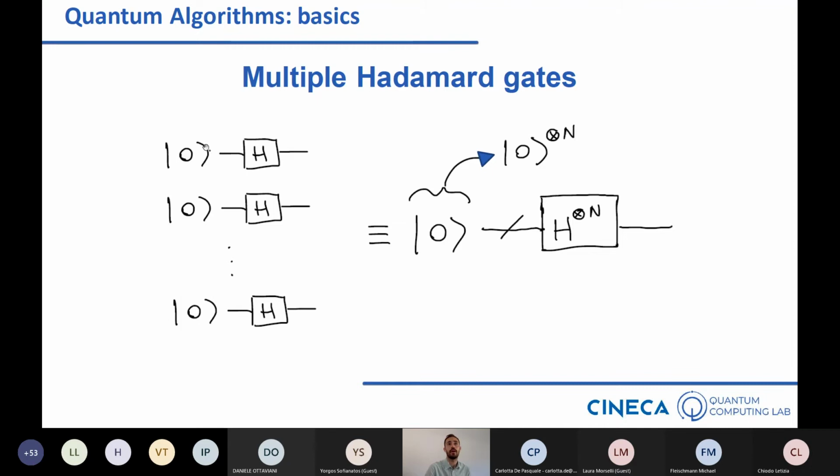But what happens when you have n qubits and you apply H to all of them? The way you represent it graphically is this way, where this sign means that you are doing it n times.